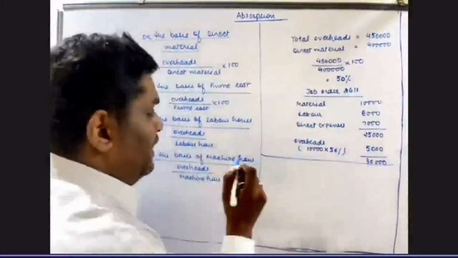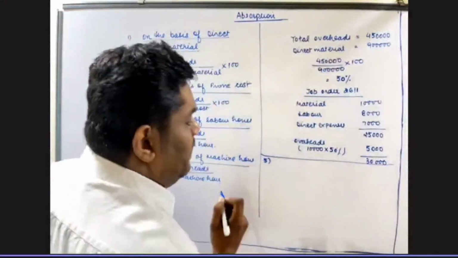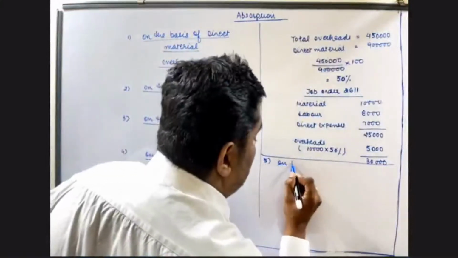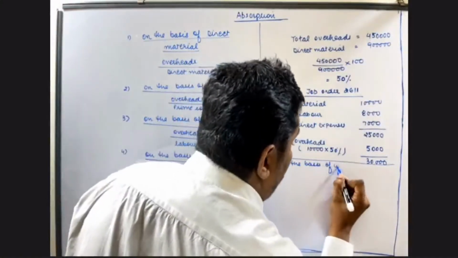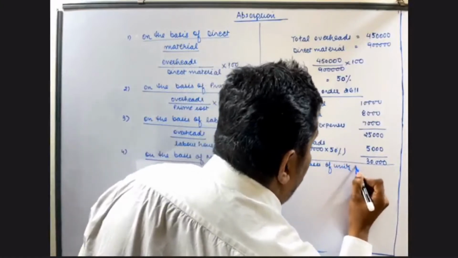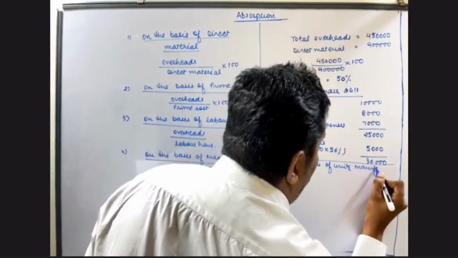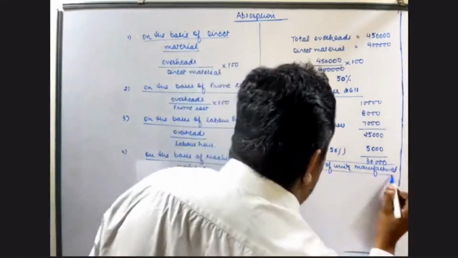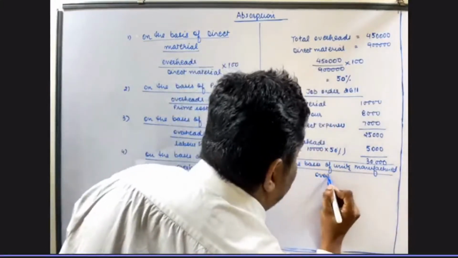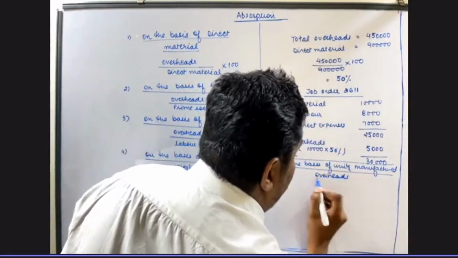Further, overheads can be absorbed on the basis of number of units also. That is, overheads divided by number of units.